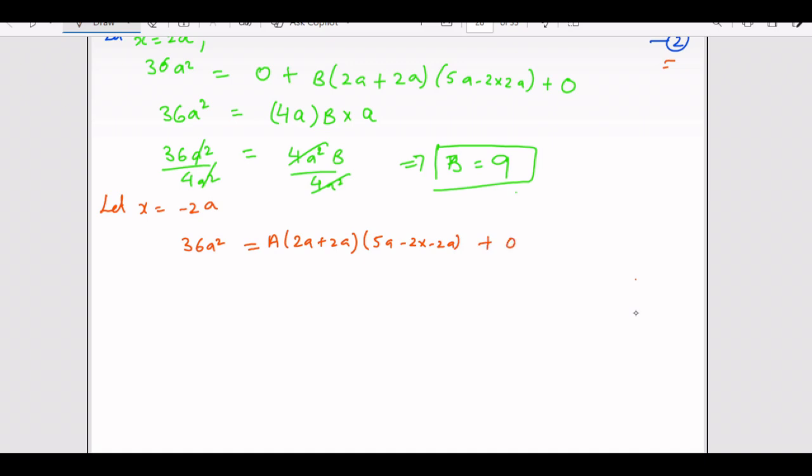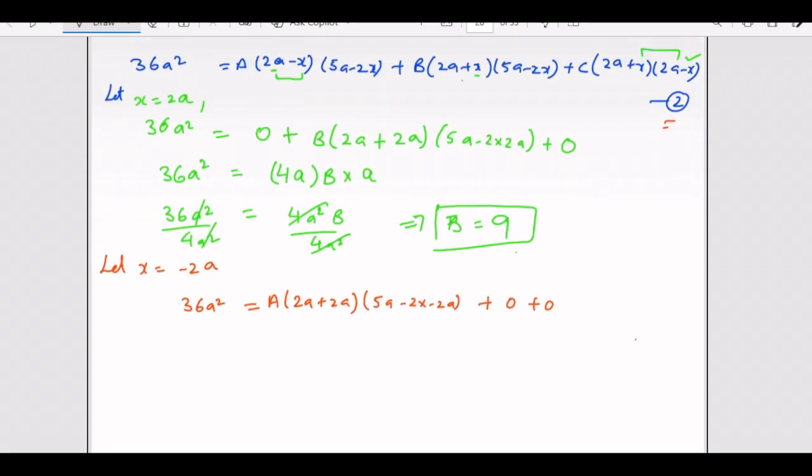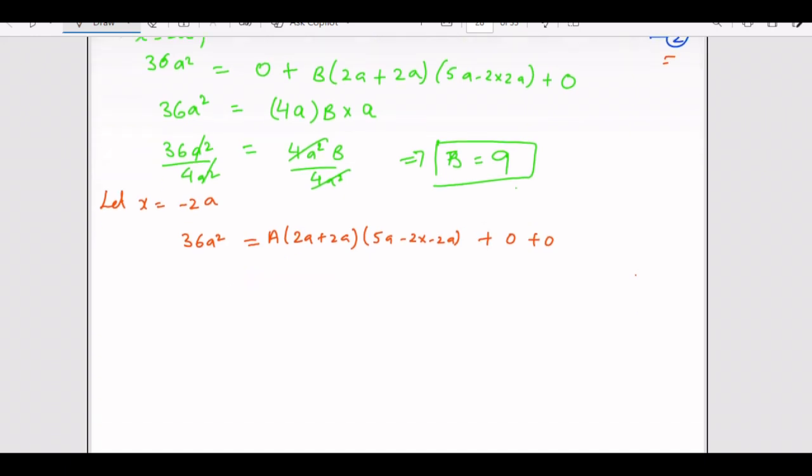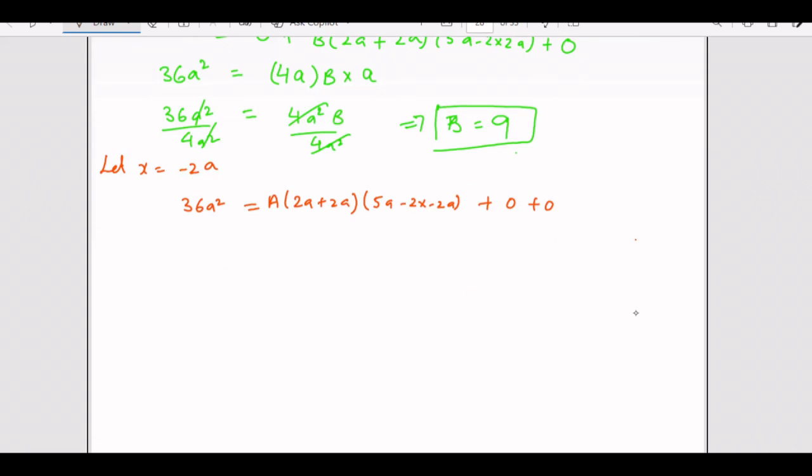The other terms become 0, because x is 2a in those factors and minus 2a here. So we have 36a squared equals A times 4a times 9a, that is 36a squared times A. So A we got here equals 1. That is our value of A.